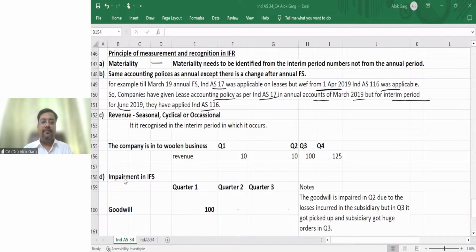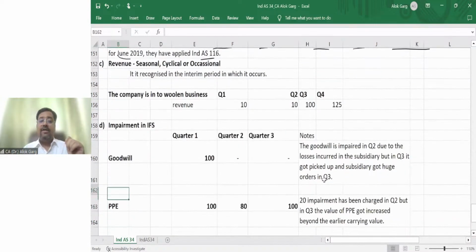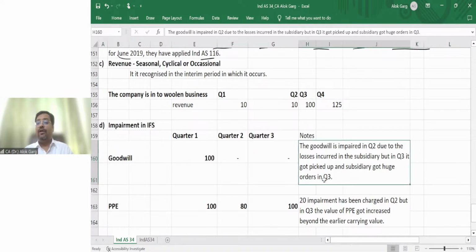Okay, let's move on. We talked about materiality. We talked about the accounting policy. We talked about the revenue recognition. Now let's talk about the impairment in the interim financial statement. Very, very important. For example, in quarter 1, the company has a goodwill of 100 crores. In quarter 2, this goodwill has been impaired. The goodwill is impaired in quarter 2 due to the losses incurred in the subsidiary.